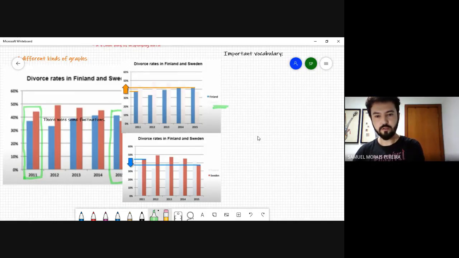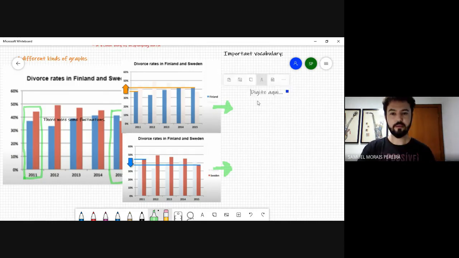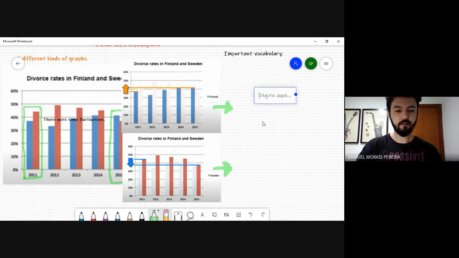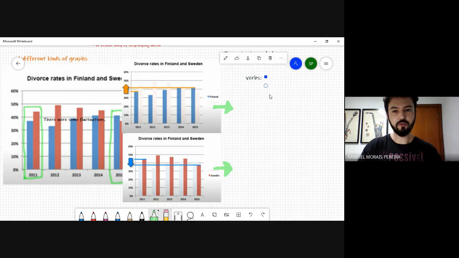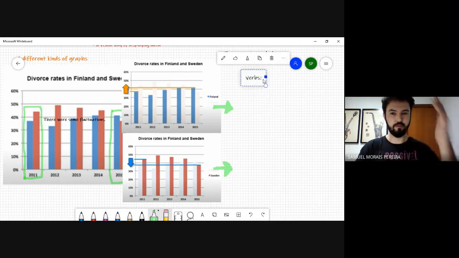Para quando a coisa sobe, aumenta, eu posso usar o que eu vou mostrar aqui, tá? Para quando a coisa diminui, eu posso usar o que eu vou pôr aqui para vocês, ok? So, I can say, for example, let's talk about verbs here, okay? Verbs. So what are the verbs I can use to say that something sobe, right? In Portuguese, say subir, aumentar. Tá vendo?